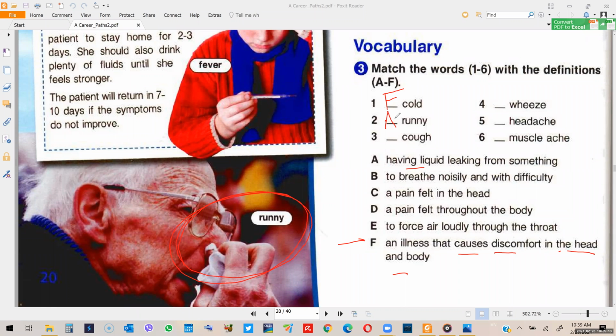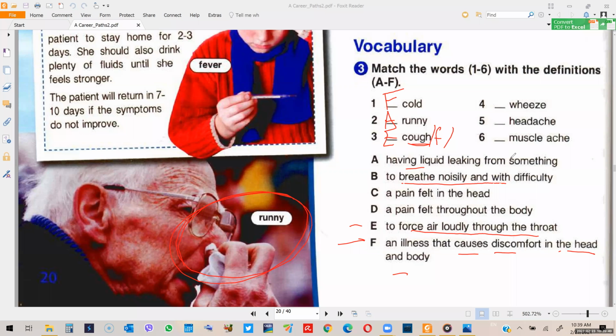Cough, it is number E, to force air loudly through the throat. The GH is pronounced as F, cough. Wheeze, to breathe noisily and with difficulty.